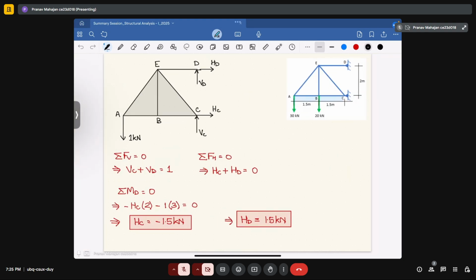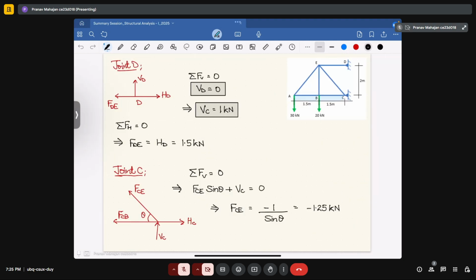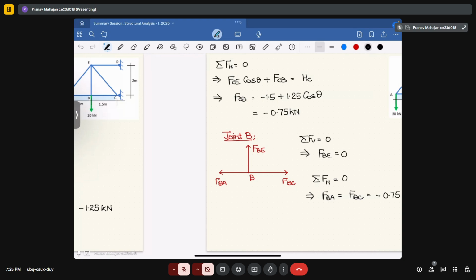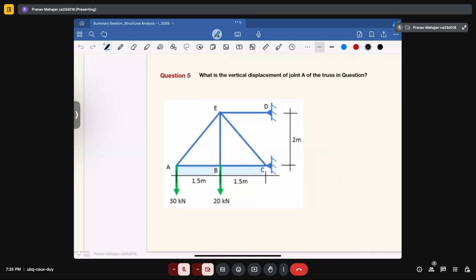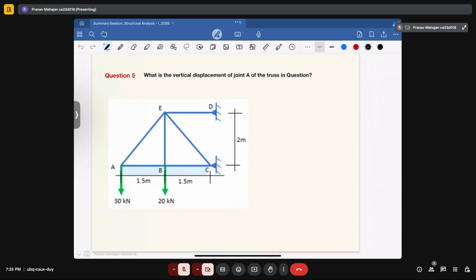We will use the method of joints and determine all the member forces, that is AB, AE, ED, BC and BE. After determining all the unknown forces, we will solve and get the value of vertical displacement.